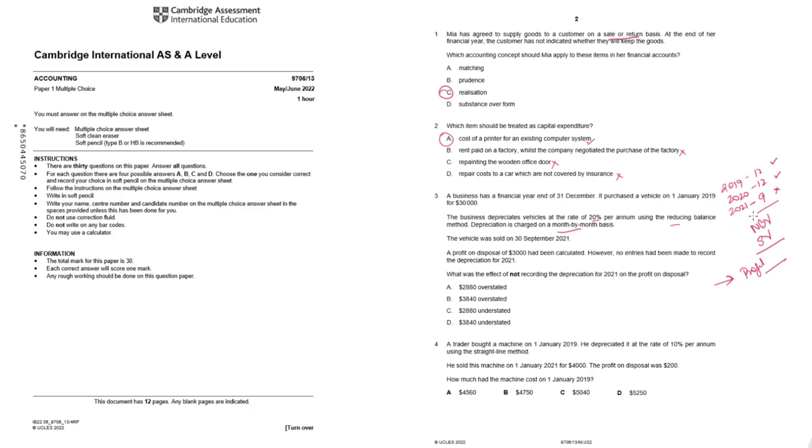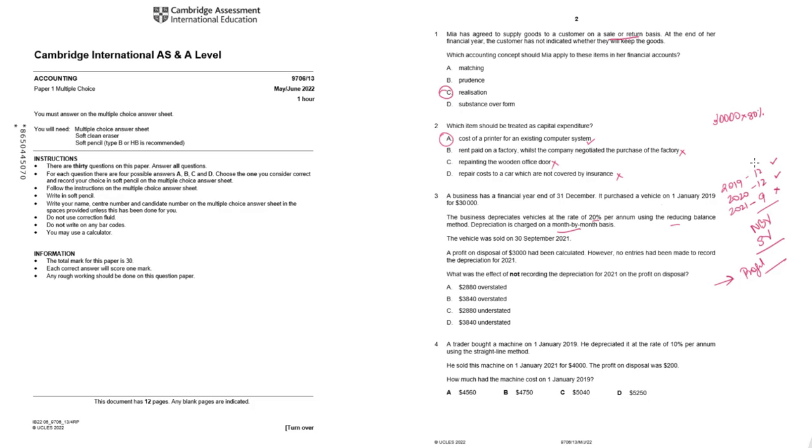So let's calculate the depreciation for these 9 months. Since this is the reducing balance method, they started with 30,000 in 2019. You'll have to calculate depreciation for 2019 and subtract. Then for 2020, you take the net book value, again calculate depreciation for 12 months and subtract. Whatever net book value you get will be the book value at the beginning of 2021, and on that we calculate the 9 months' depreciation. As a shortcut on the calculator, I do 30,000 × 80%.